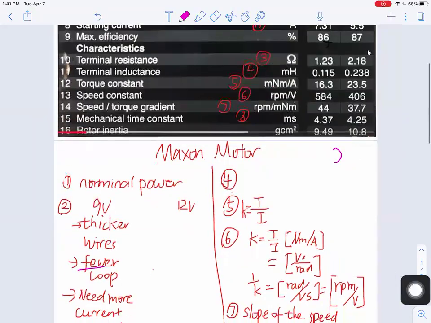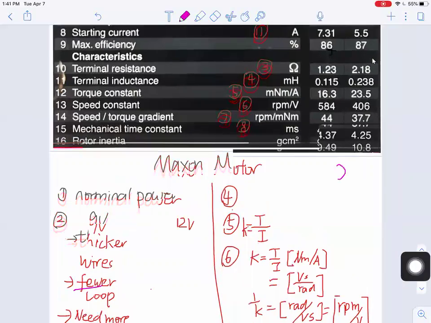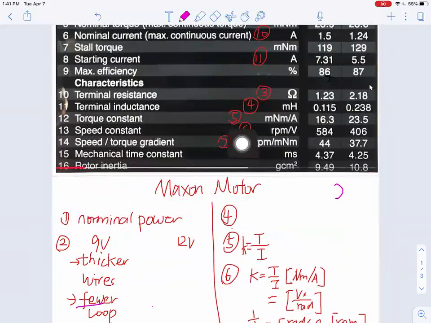If we take 1 over K for the SI unit, you flip it to radian per voltage times second. This can be converted to what we have here, RPM per voltage, since radians per second can be converted to revolutions, and seconds to minutes. So number 12 and 13 are pretty much the same thing, but in different units, if that makes sense.